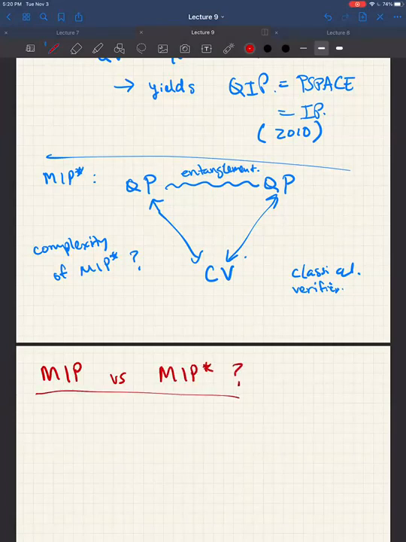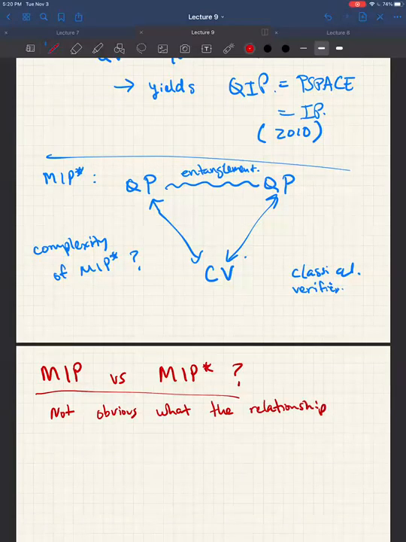It's actually not obvious what the relationship between the two is. In MIP, we think of the provers as unbounded in power, so they can be quantum computers for all we care, but it doesn't matter since they're allowed unlimited computational power. What they're not allowed is to use entanglement to coordinate their responses.